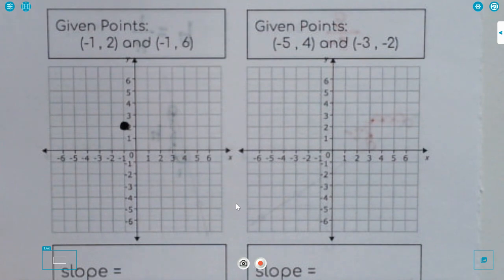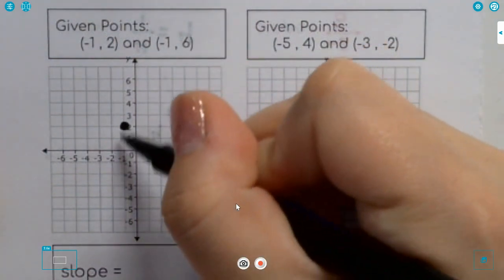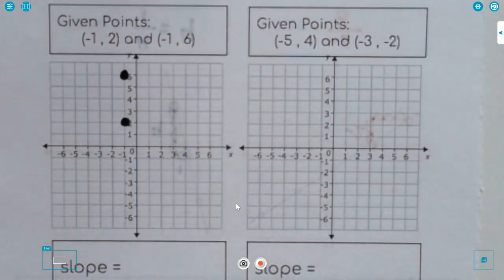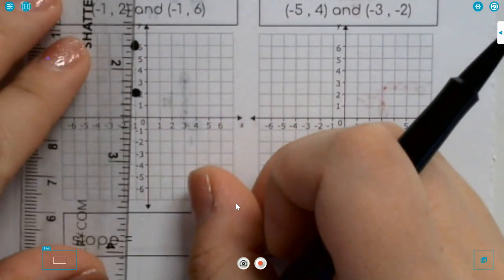My other point is -1, 6, so I'm going to go left 1, up 6. So left 1, up 6, start at 0, 0 every time. And I'm going to connect those 2 points.